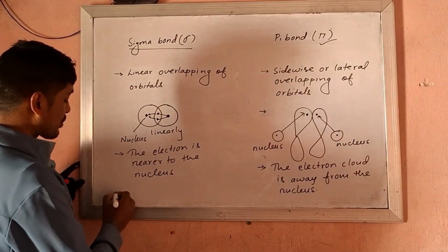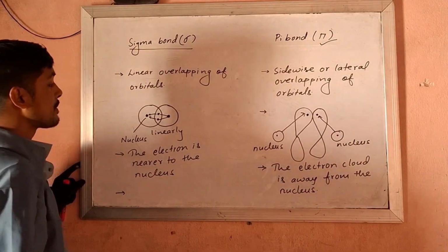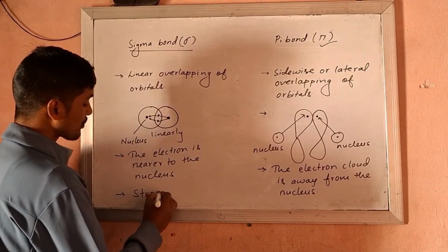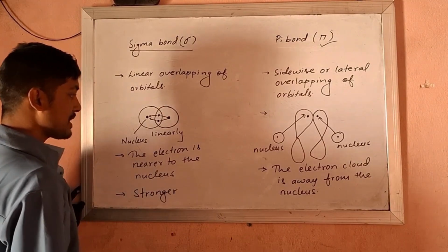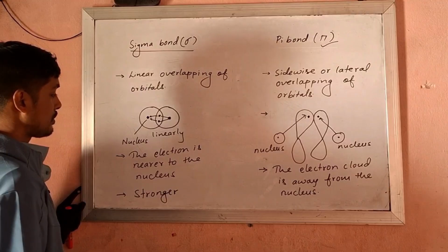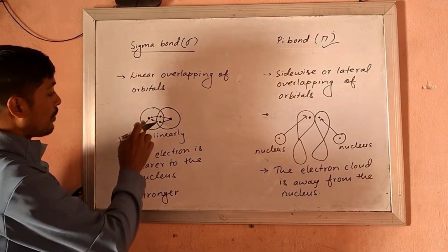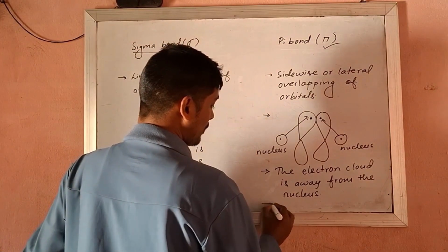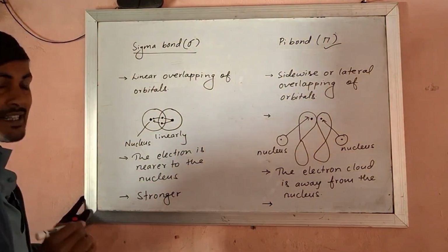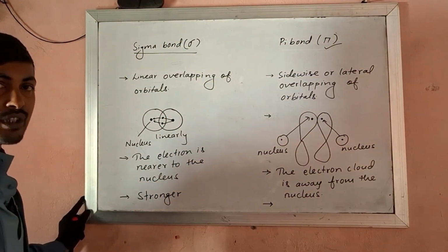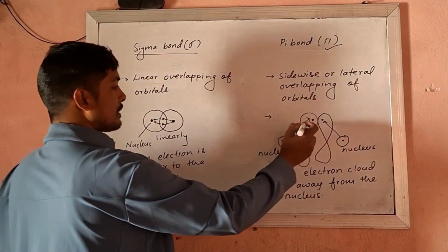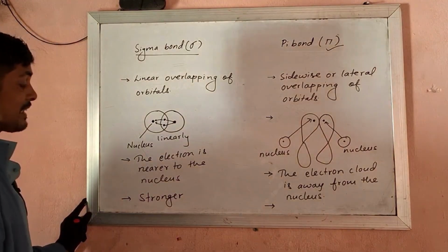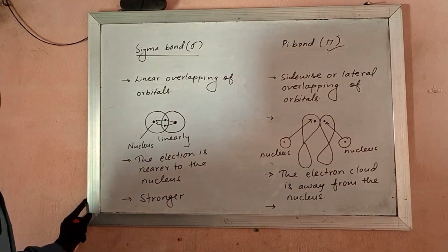In a sigma bond, since the electron cloud is nearer to the nucleus, the bond is stronger, since the force of attraction is stronger due to the less distance between the nucleus and electron pair. But in a pi bond, since the electron cloud is far away from the nucleus, the attraction of the nucleus to those electrons is less in comparison to a sigma bond.